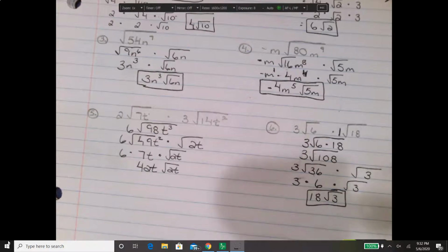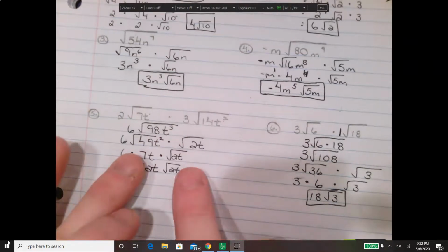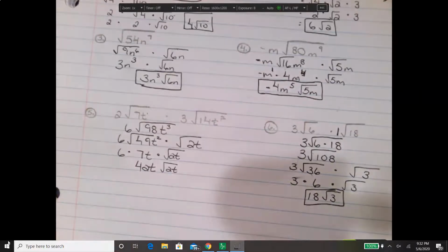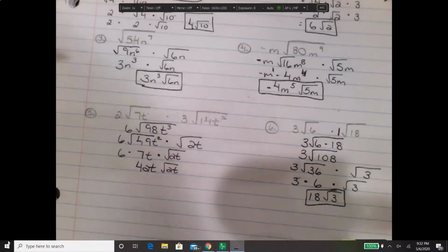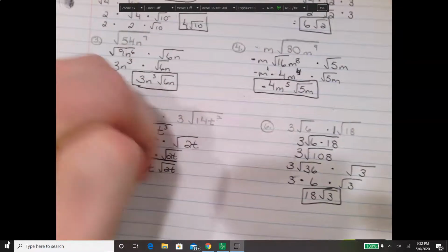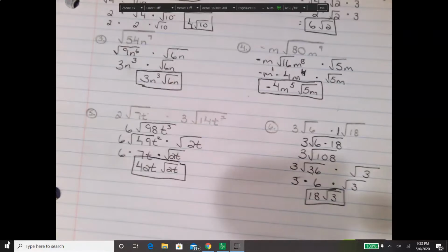So all we've been doing, guys, is just been breaking this apart, simplifying the left and the right sides, and then just kind of putting them back together as your final answer. So your final answer on this one is going to be this 42t times radical 2t.